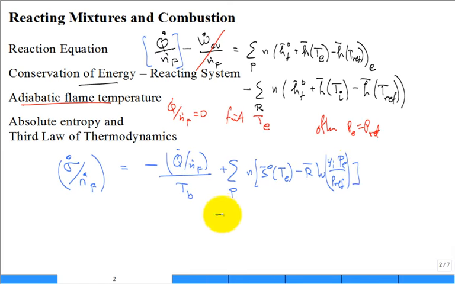Then we have minus the sum over all the reactants, stoichiometric coefficient, absolute entropy as a function of temperature. That's the incoming temperature of each reactant, minus R bar, natural log, yi P inlet divided by P reference.